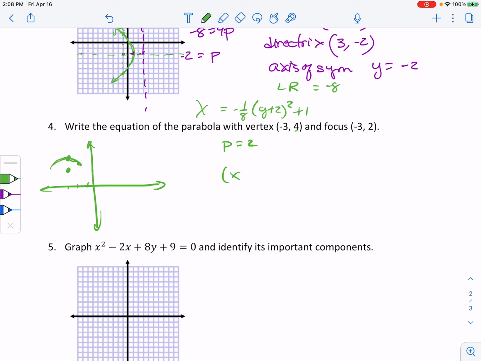It's an x plus 3, and I have y minus 4. It's a parabola opening down, so this is the squared term. So this side has to have a negative 8, or it's a negative 1/8 (x plus 3) squared.